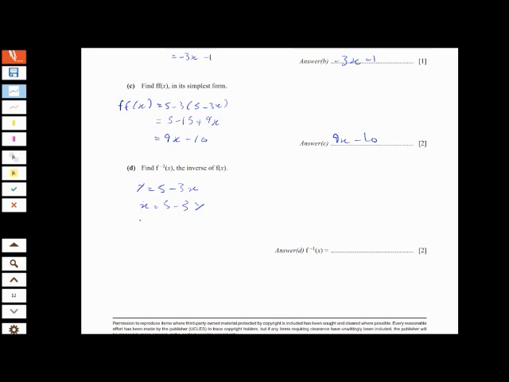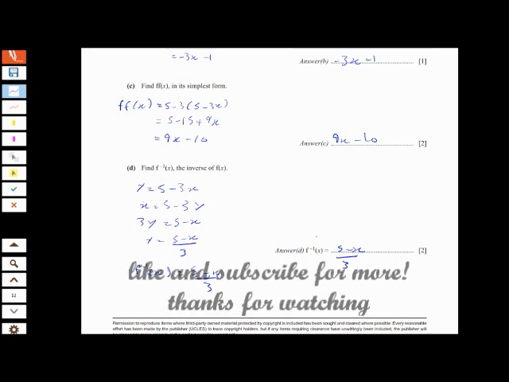Take 5 to the other side, x minus 5 equals -3y. Divide by -3, and y equals (5 minus x) over 3. So this is the inverse. Alright, done.